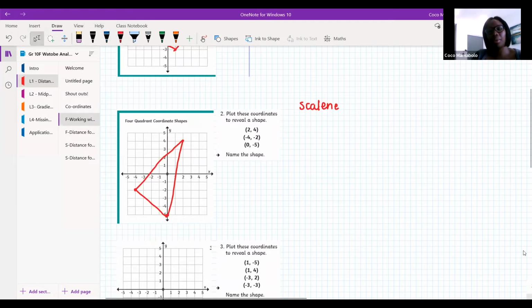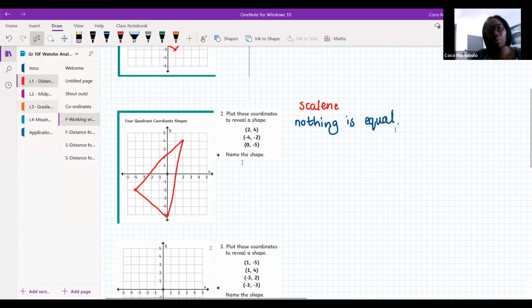Does anyone remember what scalene means? Good, Ethan. Yes, none of the sides are equal and none of the angles are equal. So nothing is equal. That's how we say it. We just say nothing is equal. Nothing at all. Good, guys. I'm glad we remember.